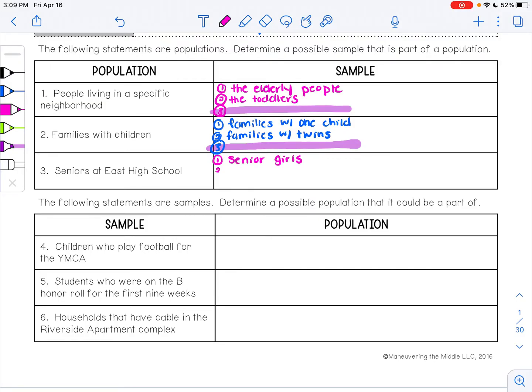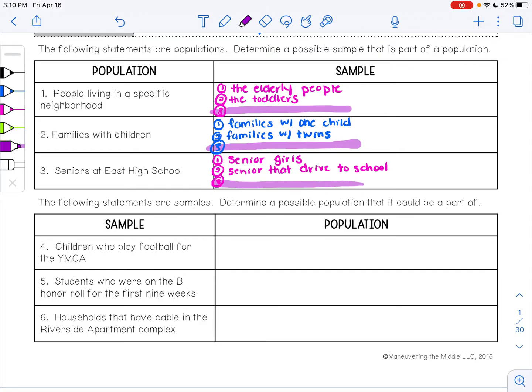Or you could have seniors that drive to school. So from all your seniors, just the ones that drive to school. See if you can come up with a third example of a sample from the seniors at East High School.